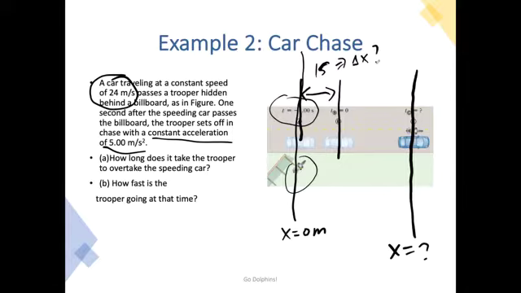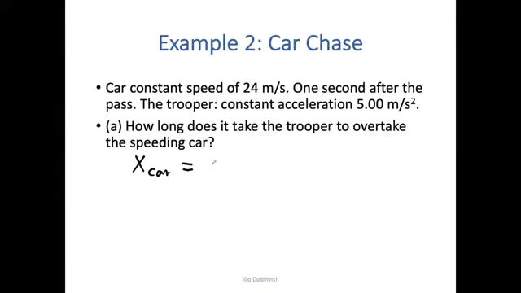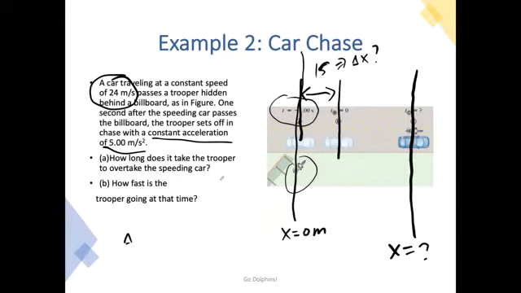For constant velocity motion, it should be its velocity times 1 second. So that's the position of the car at t equals 0 seconds.